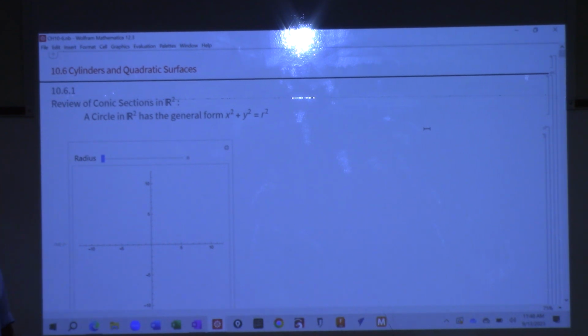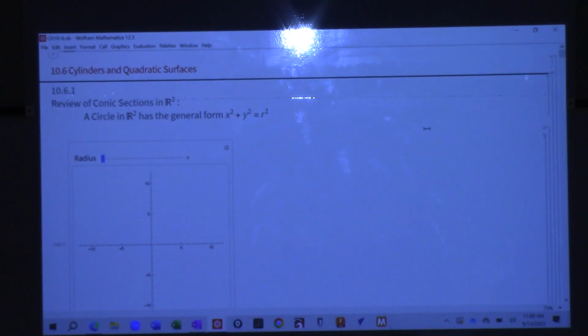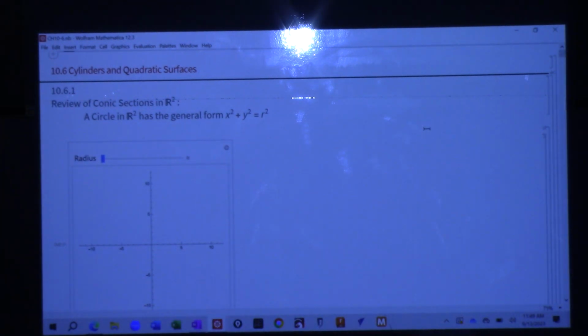So hang in there. The concepts are important, but it's not like you have to memorize all this stuff. You just need to kind of know a little bit about certain aspects of these things called quadratic surfaces and cylinders.